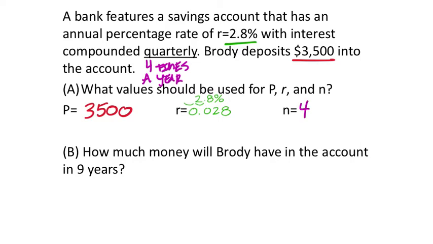There are our values. Next up, part B says, how much money will Brody have in the account in 9 years? This goes back to compound interest, which you learned in 990. Here's a nice review, though.